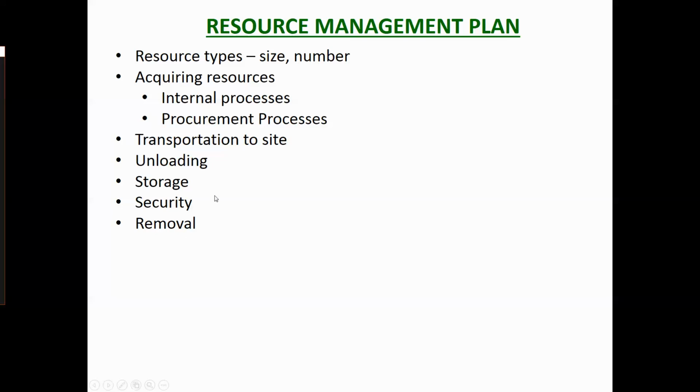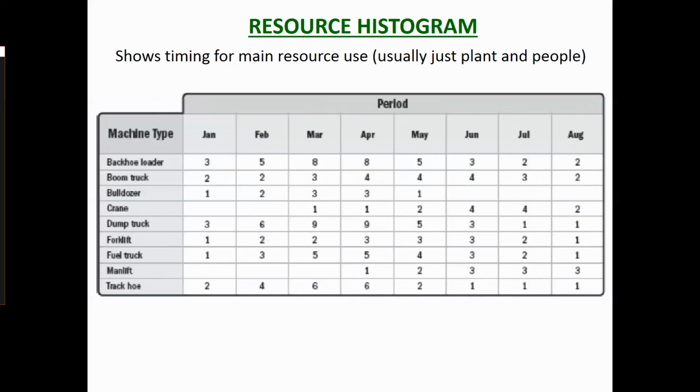It sets out a plan for how we're going to manage these resources, right from getting them to site, having them on site, and using them on site. And another important aspect of resource management planning is when we're going to use them. When do we need them on site? So this thing here, a resource histogram, that's a resource graph actually, shows the timing of the main resource use.